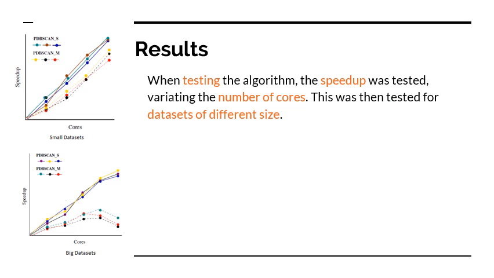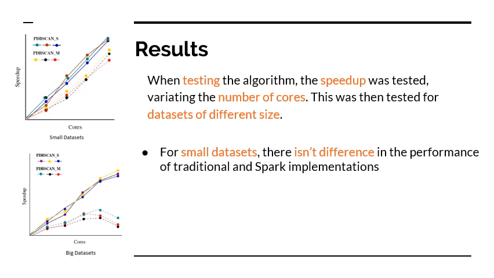The greater objective was to evaluate the effectiveness and efficiency of the parallel DBSCAN algorithm using the Spark implementation when compared with the state-of-the-art MPI-based approaches. In order to do that, multiple datasets of different sizes were used. For datasets of small size, the variation of speedup with the number of cores is similar between the Spark and the MPI approach.